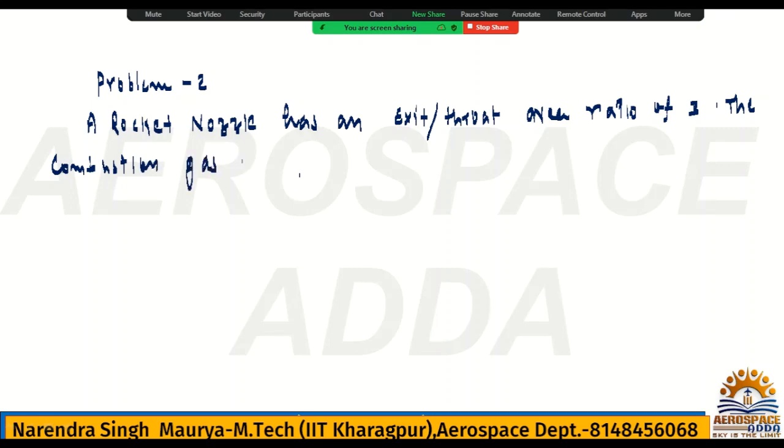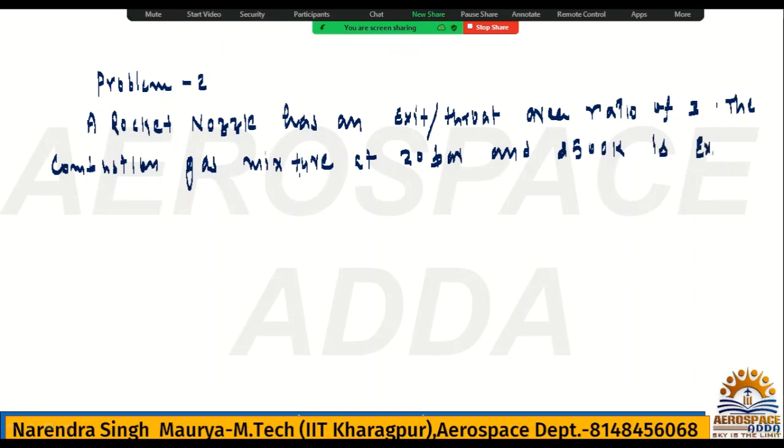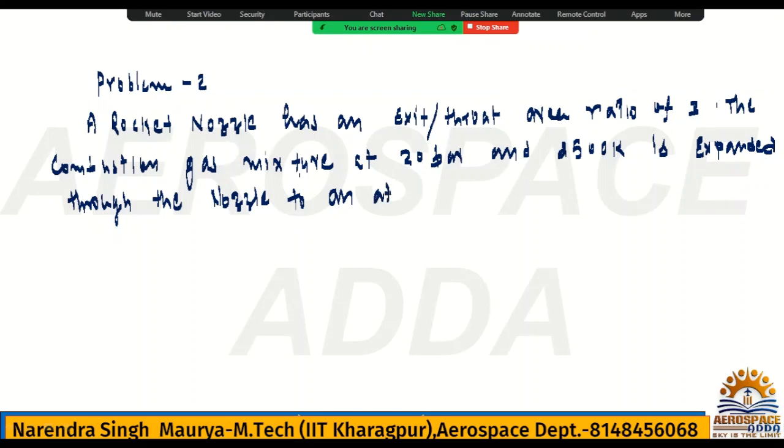The combustion gas mixture at 20 bar and 2500 Kelvin is expanded through the nozzle to an atmosphere at 1 bar.